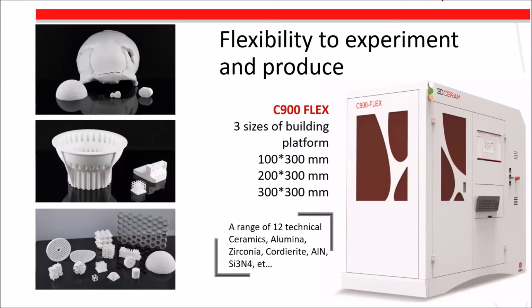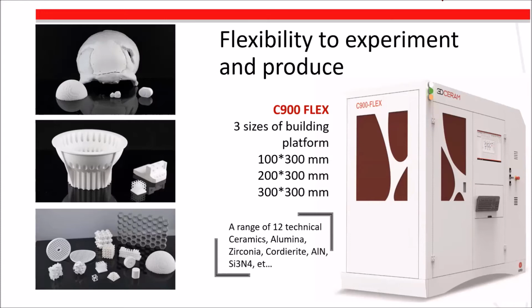C900 Flex. It's a historical machine. We developed the first one in 2005, but at the beginning we were only printing parts, doing service printing for our customers. So we have very good knowledge and very good performance on such a machine. We have 3 machines here in Limoges running for production.